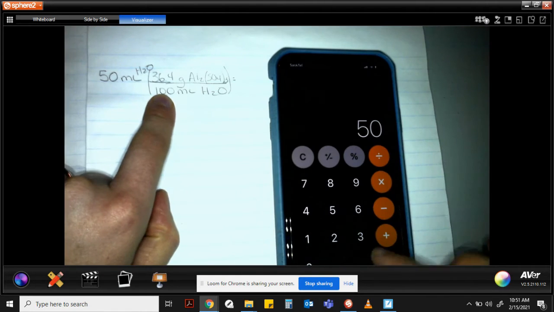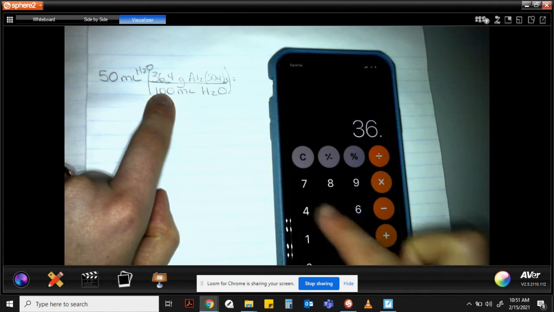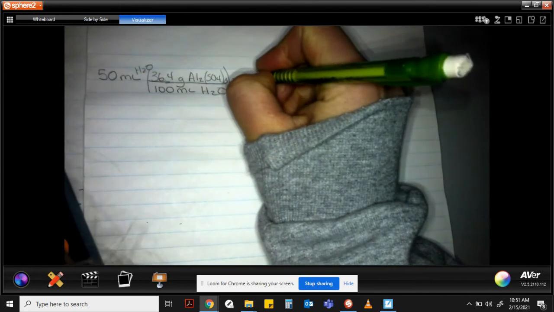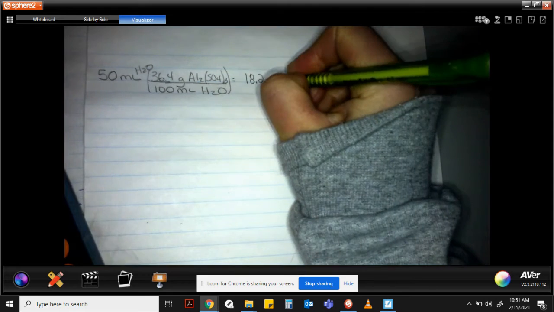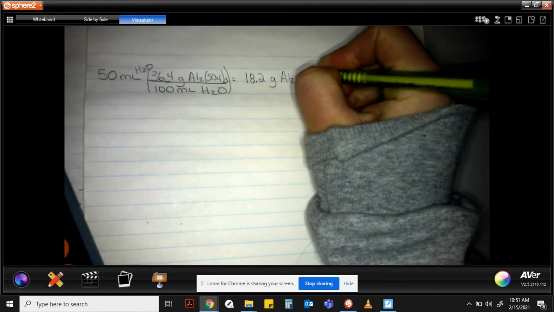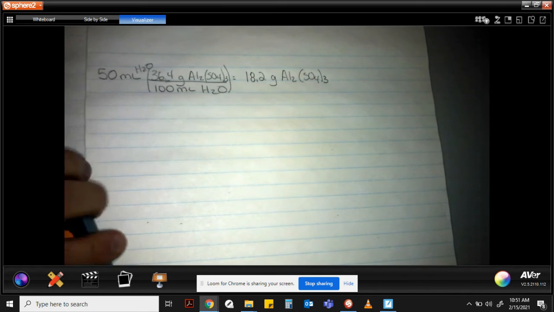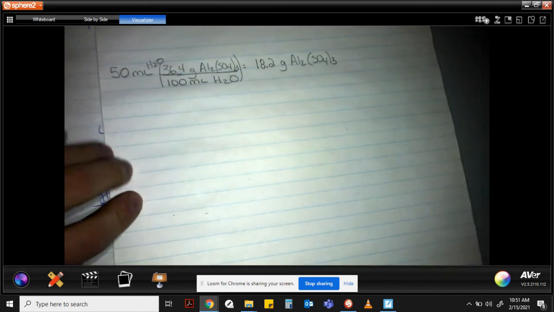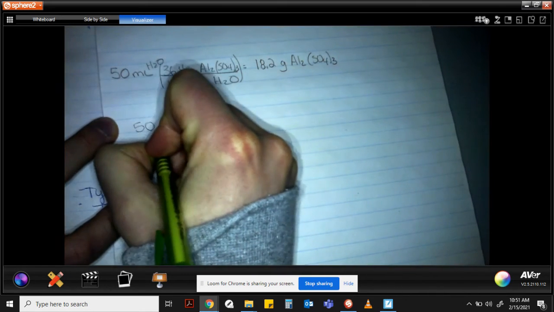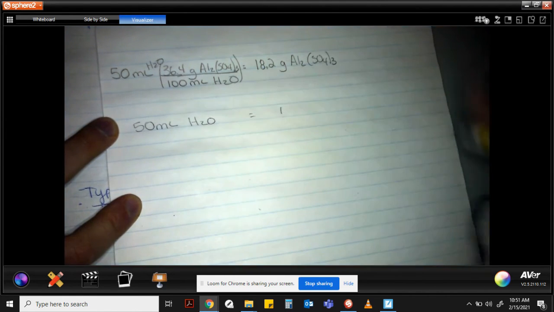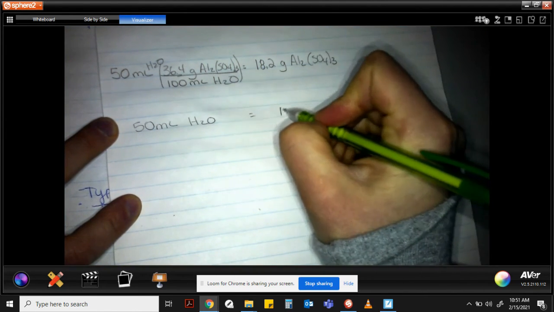So we can multiply across the top, divide by the bottom. We're going to go 50 times 36.4 divided by 100, which gives us 18.2 grams of our Al2SO4 3 to make this solution saturated. The other way that you could do this is you could say you've got 50 milliliters of water is equal to, we've got a ratio of 100 milliliters of water.